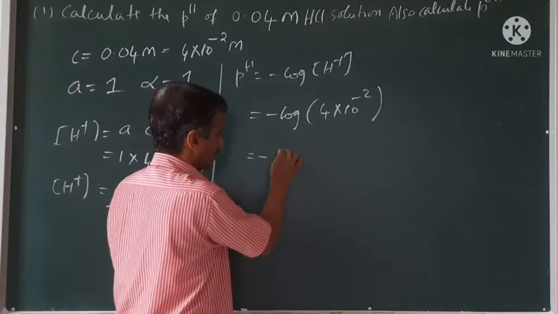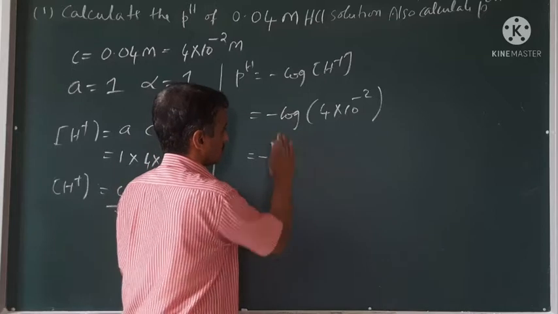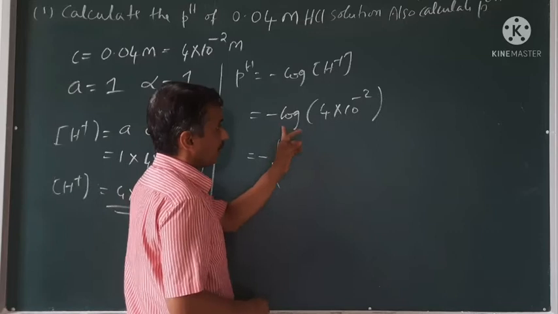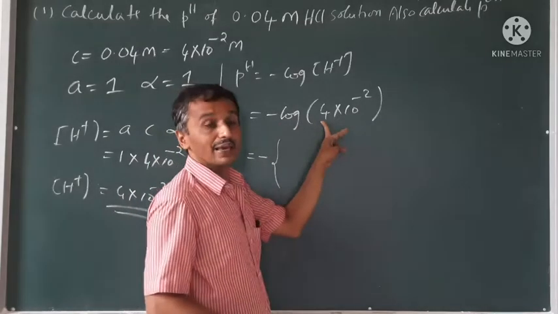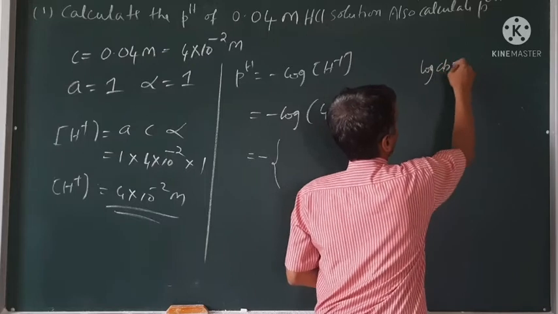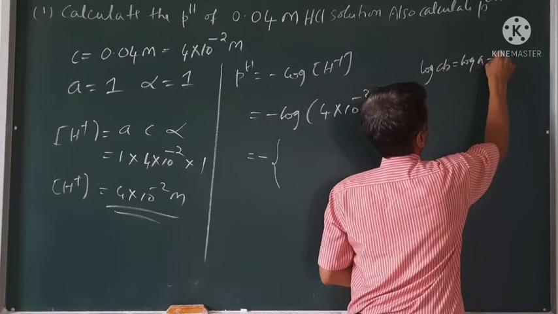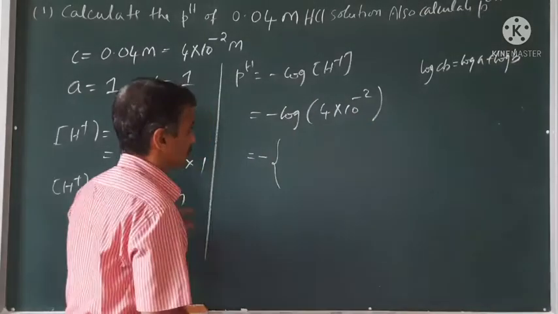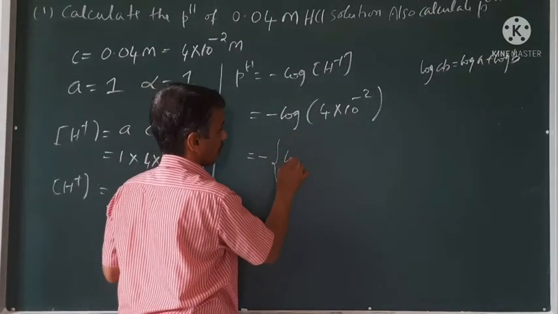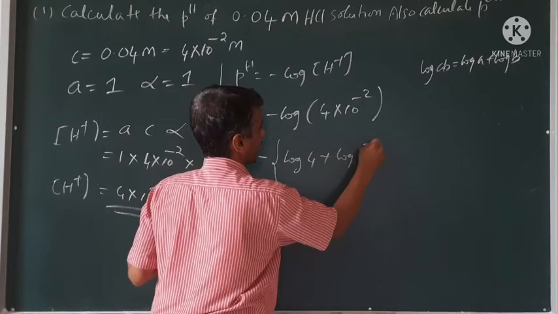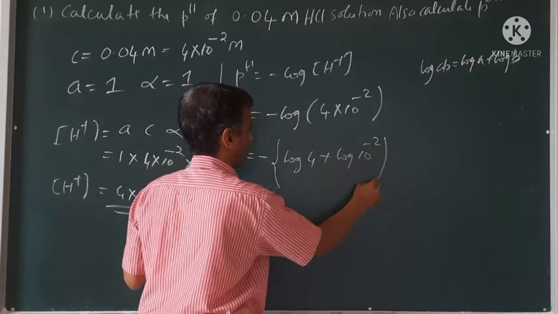Minus is there outside. Put the bracket right. This is in the form of log AB. Log AB is log A plus log B. Remember this. So it is log 4 plus log of 10 to the power minus 2.